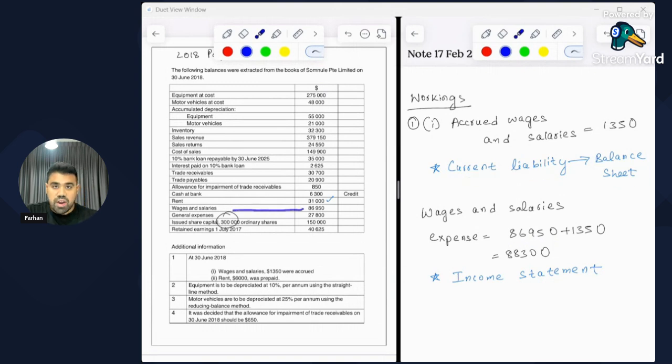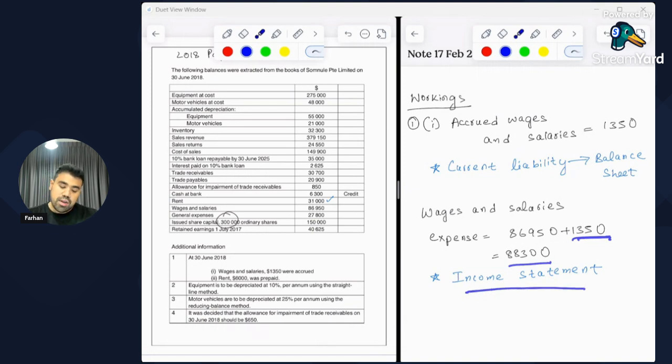Wages and salaries of $86,950 plus an additional $1,350, which we have incurred, but we haven't paid yet. This is still part of the total expense. And altogether, the total wages and salaries expense comes out to be $88,300. Now, this entire amount for wages and salaries expense of $88,300 is to be reported within the income statement.